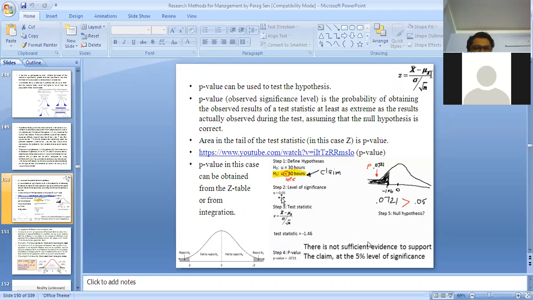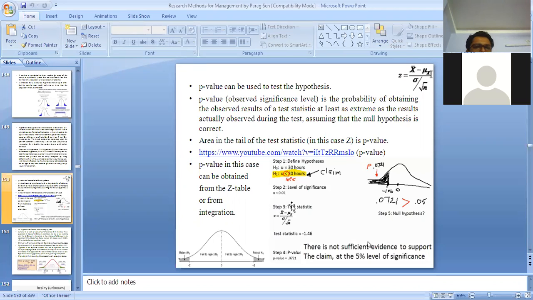I have already told you that usually we compare the p value with 0.05. What is 0.05? It is nothing but the value of alpha, or the significance level.